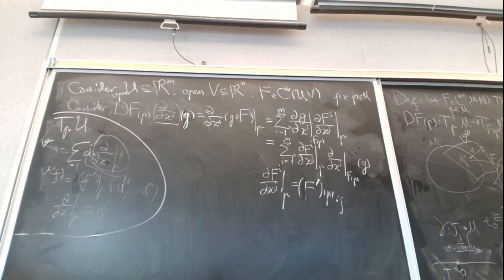So let's apply it to function g. Takes the derivative, and then I want to express what I get in terms of just taking derivatives of the function g at f of p. And I realize that it's partial xi of g with coefficients partial fi partial xj. So partial xj got sent to partial fi partial xj times partial xi, and then I sum over the i's.